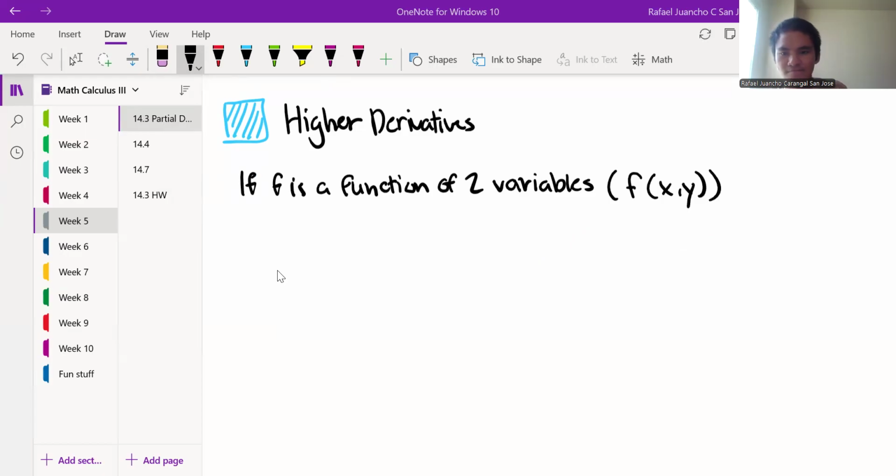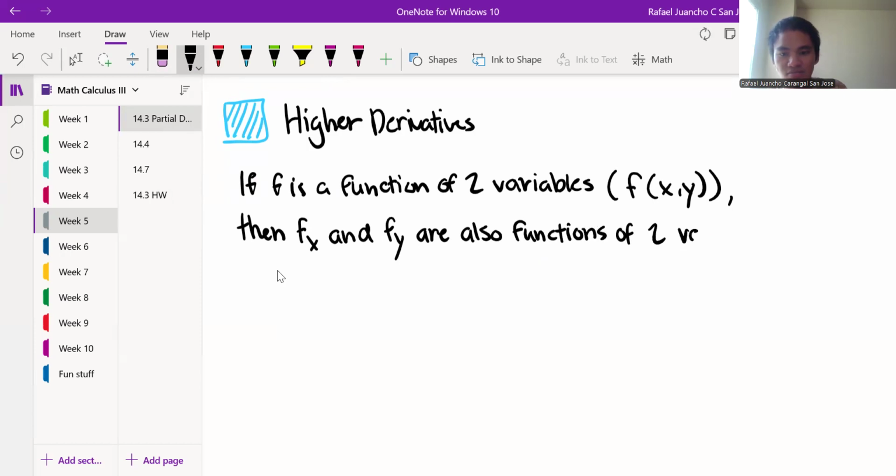Then f sub x and f sub y are also functions of two variables, but we just make the other one constant.